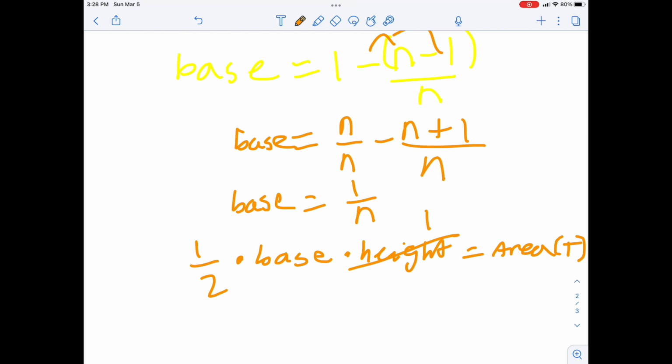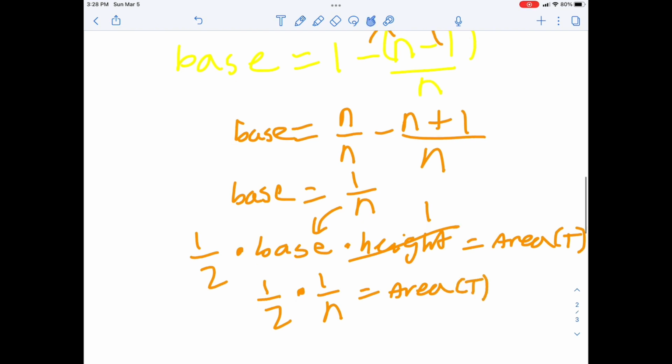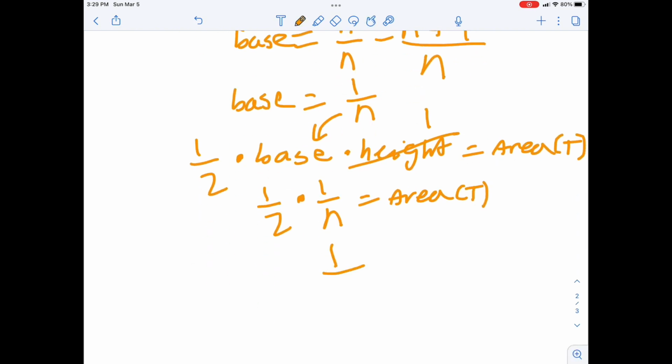So then I can say that 1/2 times our base, which is 1 over n, equals the area of T. And you're just left with 1 over 2n equals 1 over 2n. And so that is our proof for the area of T being 1 over 2n.